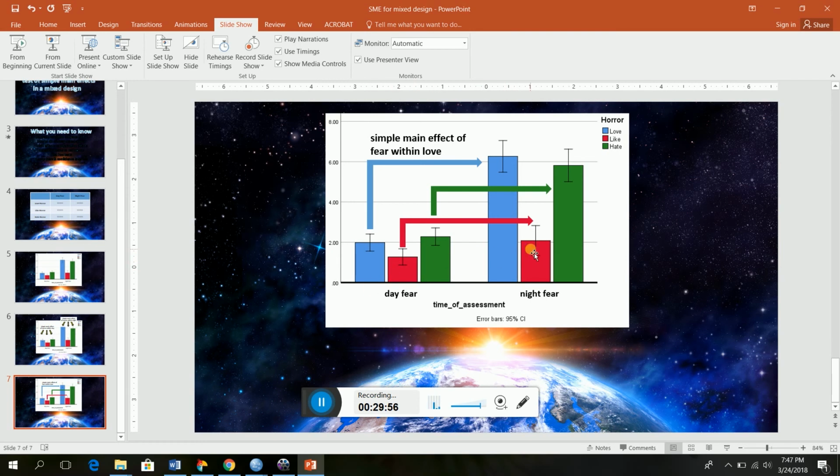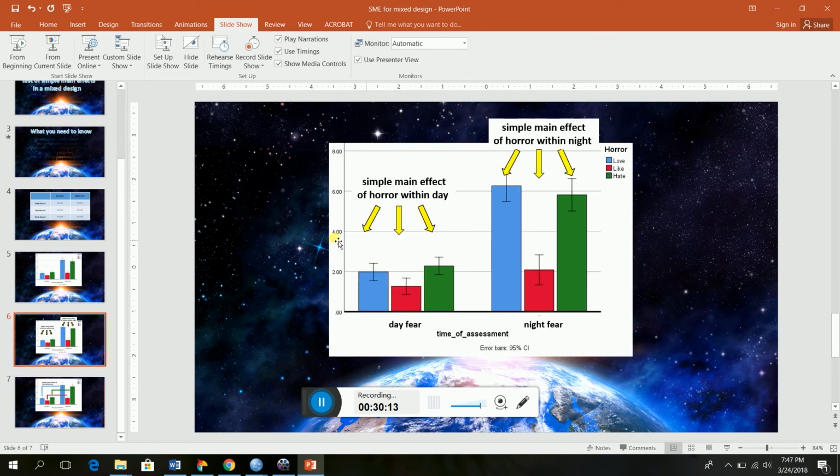Even this group, you might not have thought that this was a significant increase, but it is. We did that dependent t-test and it showed us that this is significantly different. So we have increased fear scores from day to night for all three groups.